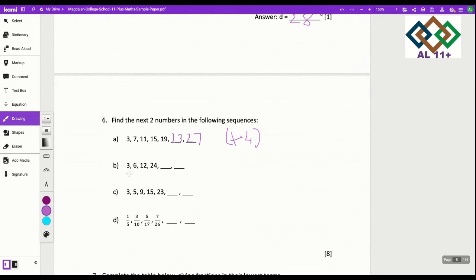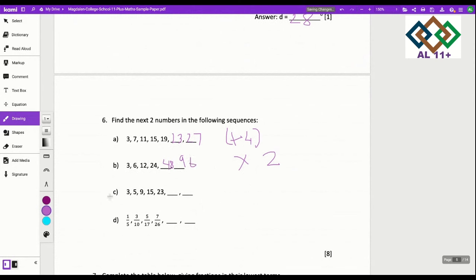In the next sequence, what are they doing? If you look at that, they are multiplying it by 2. So that's 48 and 96.